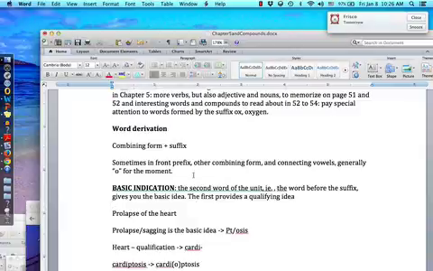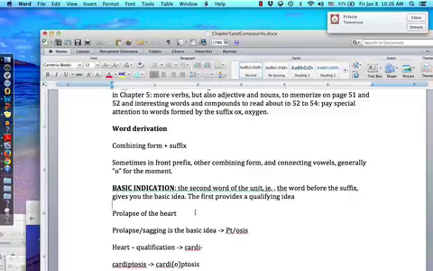The word next to the suffix, so the second word of the unit, gives you the basic idea, while the one preceding that gives you the qualifying idea. So it qualifies the idea given by the noun before the suffix.